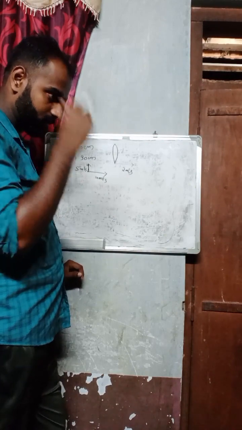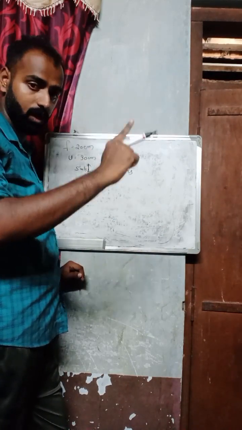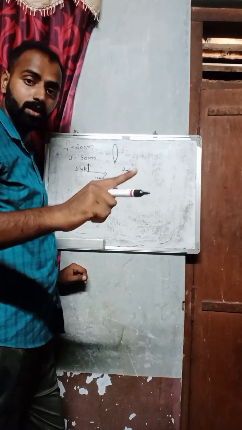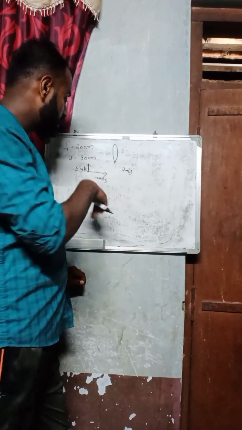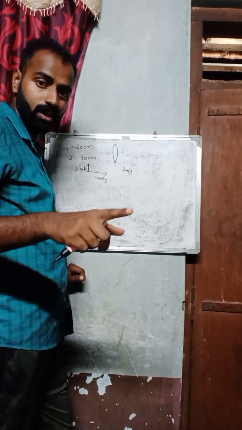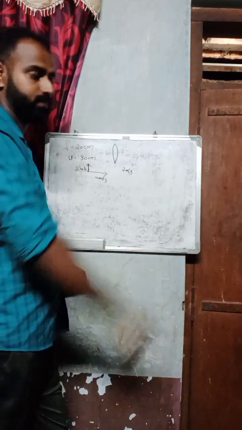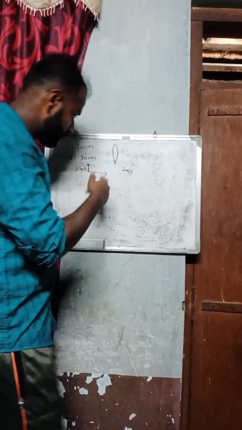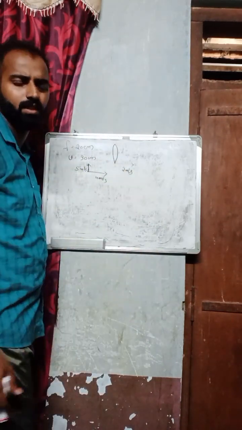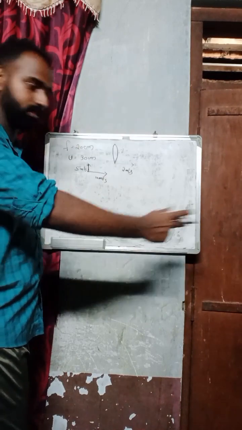So the first thing that should come to our mind in this type of problem is that all the velocities should be taken in the frame of the lens. Here the lens is moving, so I have to relate this velocity with respect to the lens. How? This is a relative velocity concept.